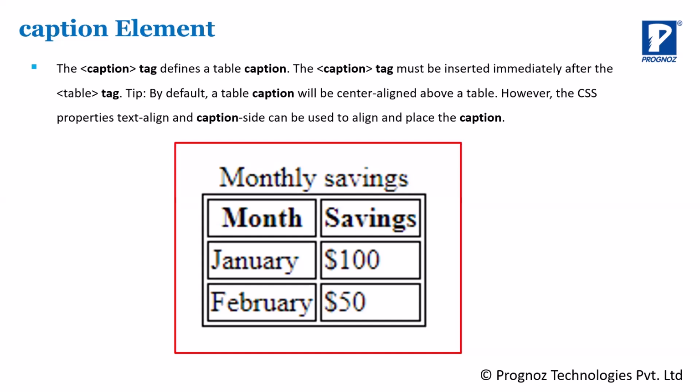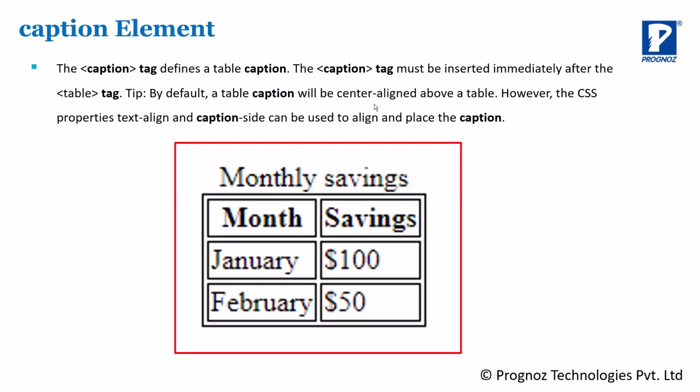If you want to represent the title of a table, then you have to use the caption element. The caption tag always has to be written inside the table tag. The caption tag defines the table caption, and it must be inserted immediately after the table tag. Whenever we create the table tag, we write the caption tag to represent the title, and by default the title comes in the center location.